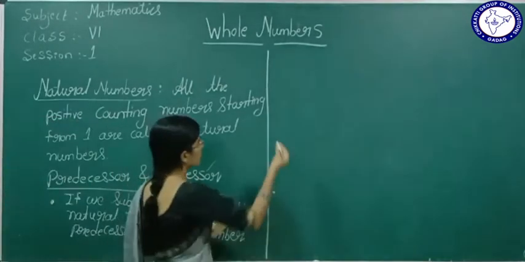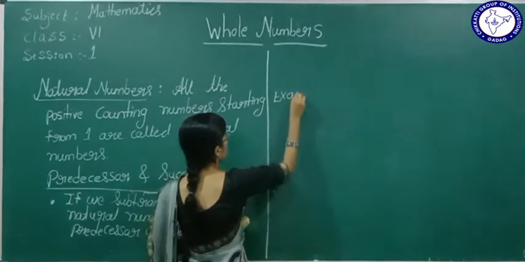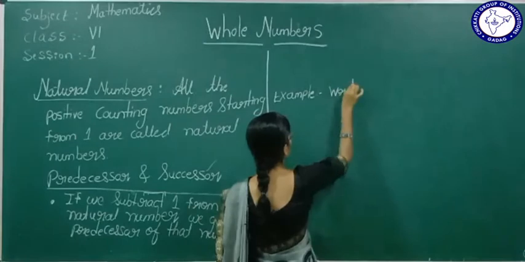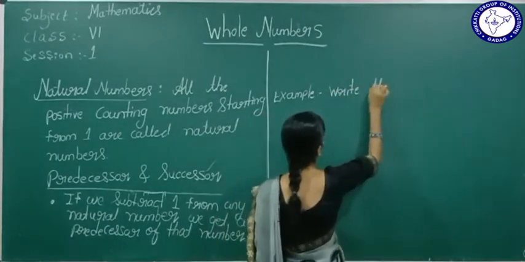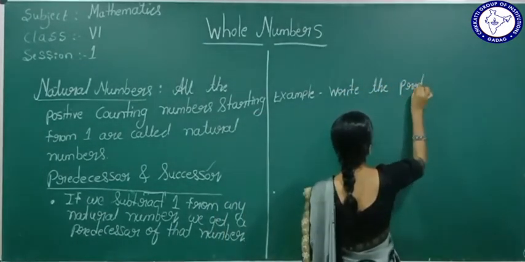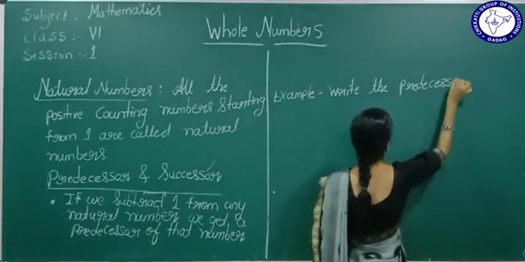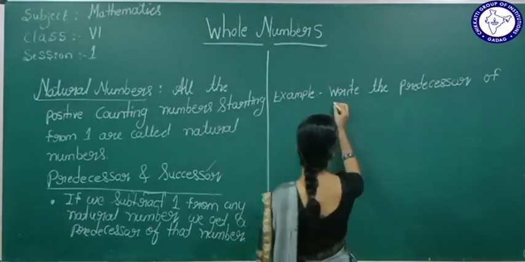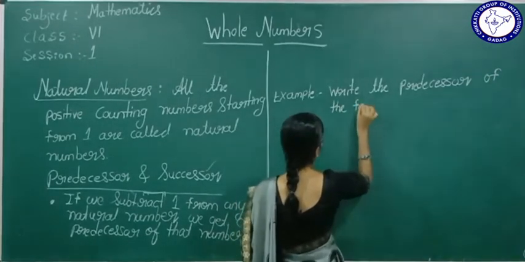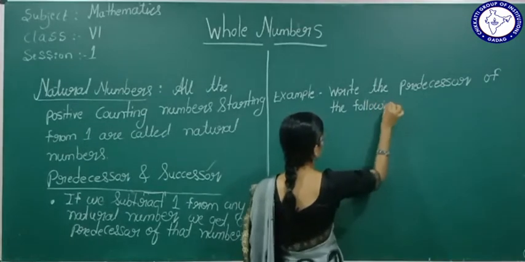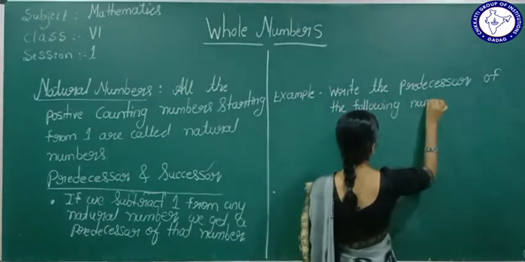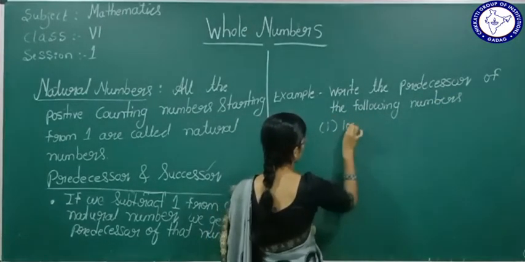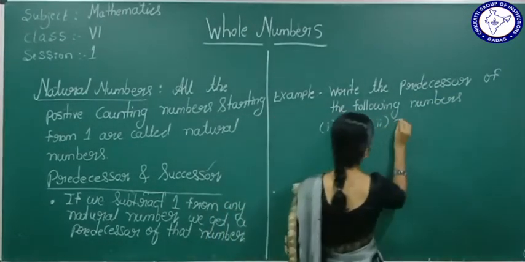If I ask you, for example, write the predecessor of the following numbers, that is 100 and 250.